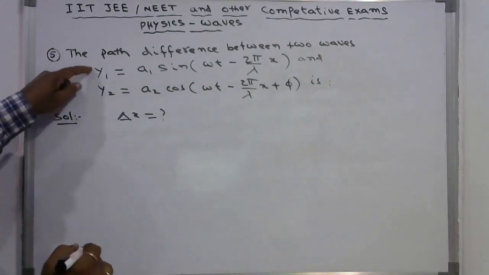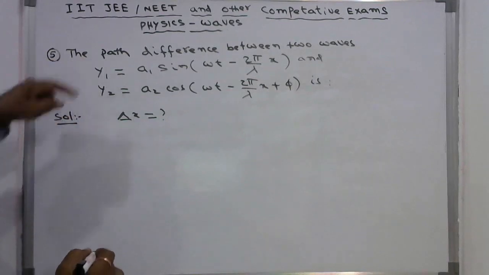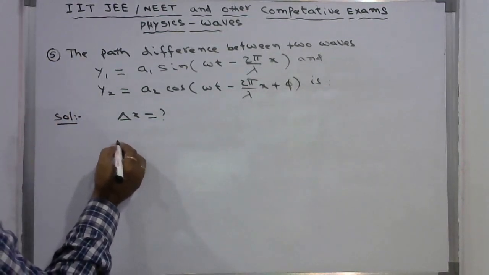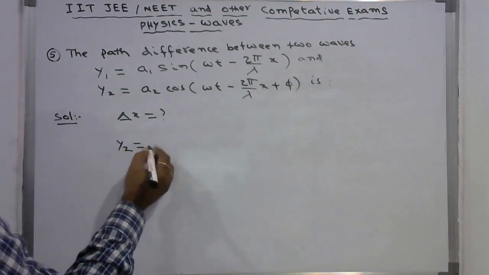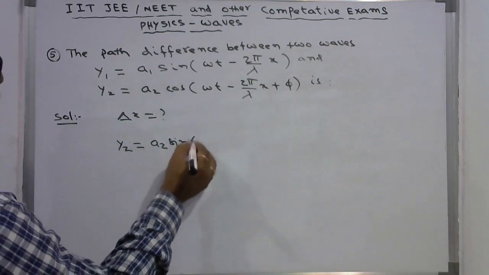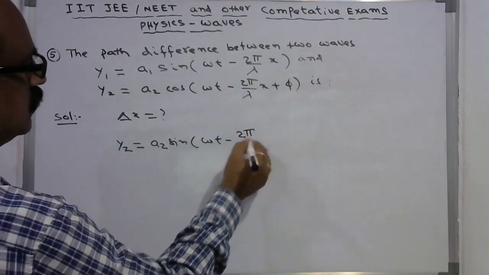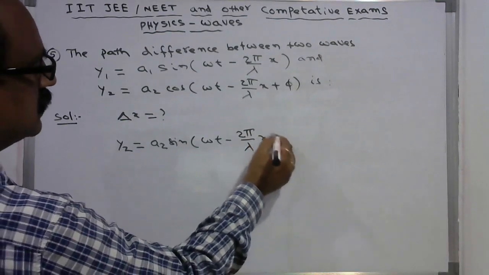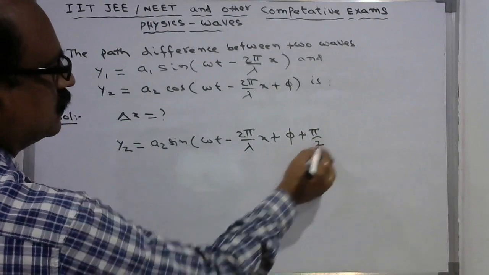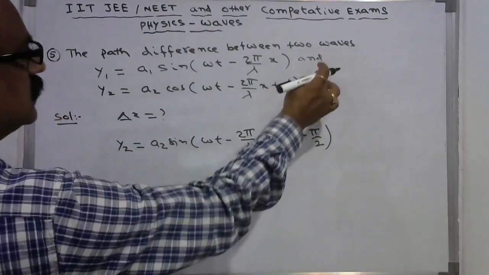So we have to convert this wave in terms of the sine function. So y2 can be written as a2 sin(omega t minus 2 pi by lambda into x plus phi plus pi by 2). This is how we can write this wave equation.